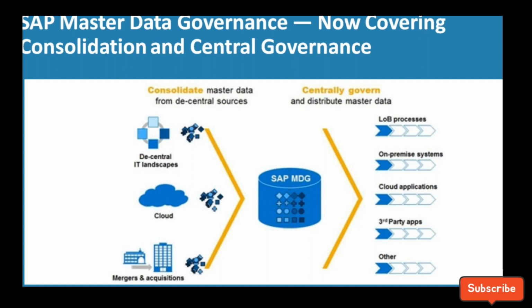Because you have data, let's say customer data or supplier data, in various departments: the development department, the sales department, the marketing department, etc. So it is important that whatever data every department holds regarding customers and vendors has to come into a certain place, and then from that place we can process the data further and use it for better governance in future.